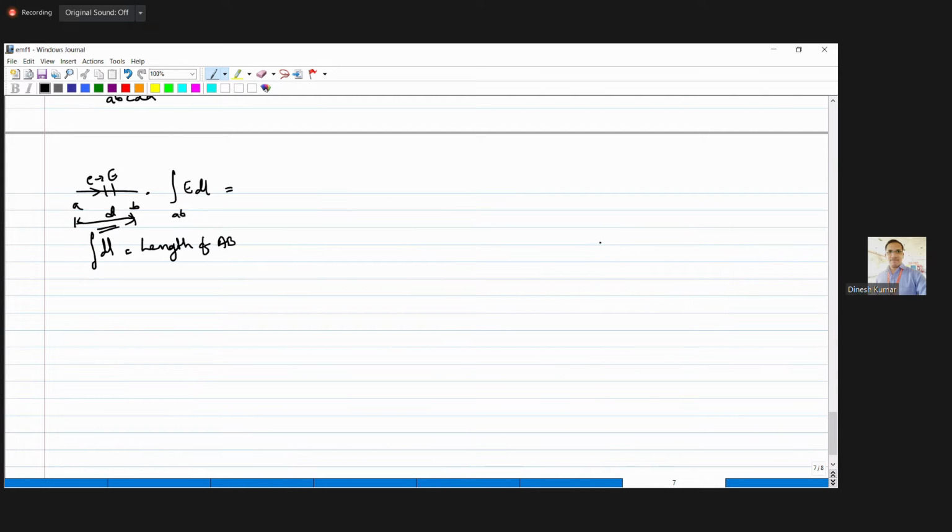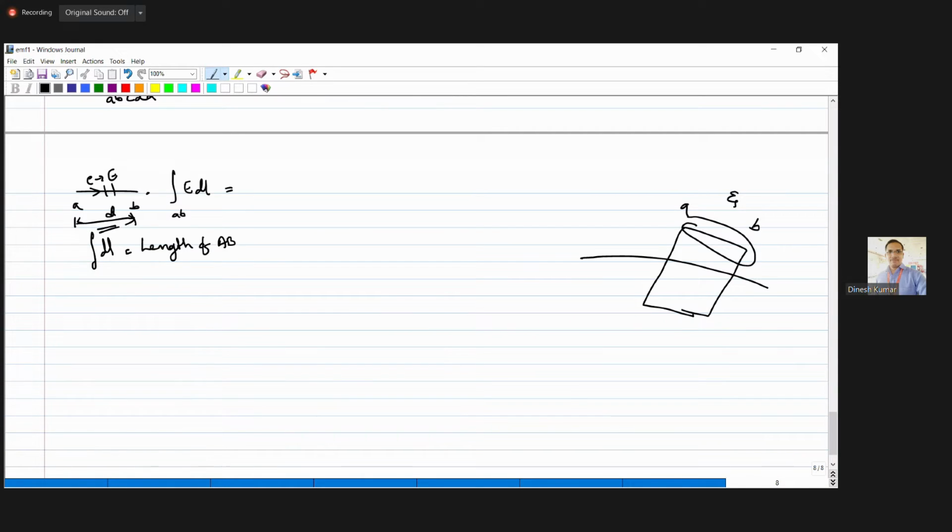Okay, see here, I am drawing here. This is the boundary. Here we are having the loop, and here we are having AB. This AB is completely present in the epsilon 2 medium. In epsilon 2, we are having E2. But the line AB is parallel with the boundary. So whatever the component of E2, we have to take the tangential component, that is called E2T. See here, E2T and AB are both in the same direction.